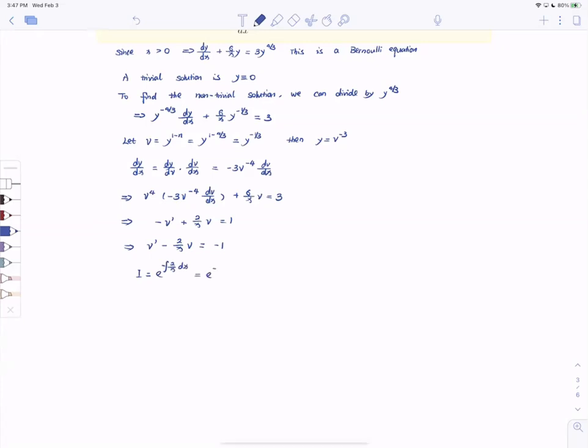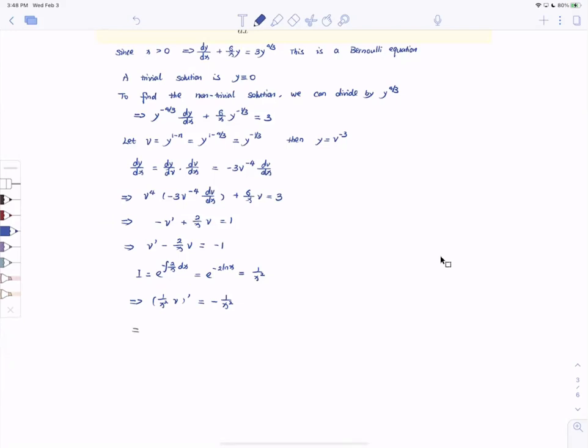e to the negative 2 ln x equals 1 over x squared. So this will give you 1 over x squared v prime equals negative 1 over x squared.